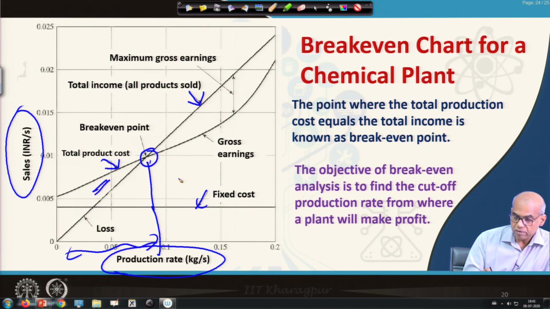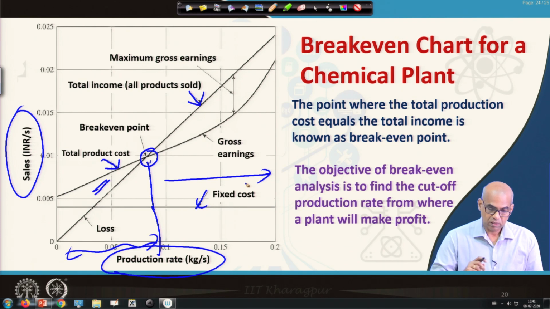But beyond this point, you start making profit, because your total income is more than the total product cost.